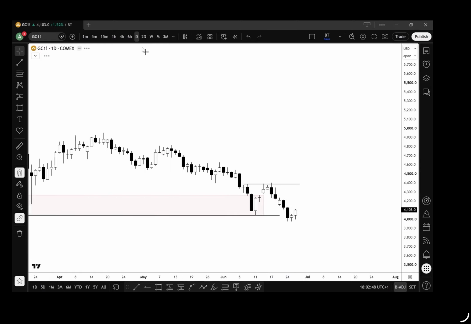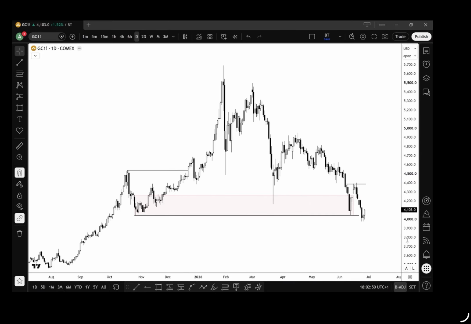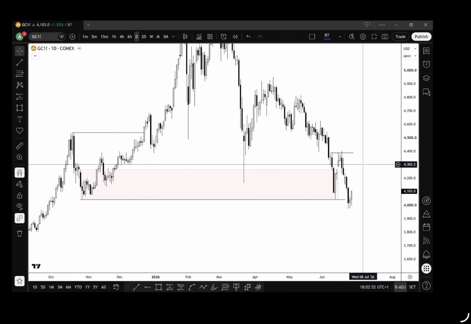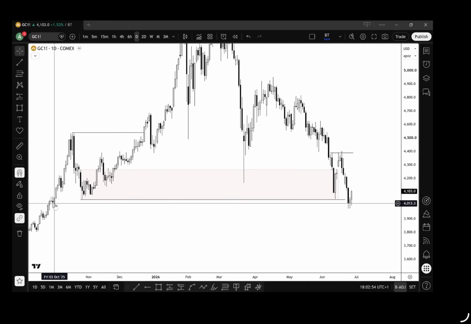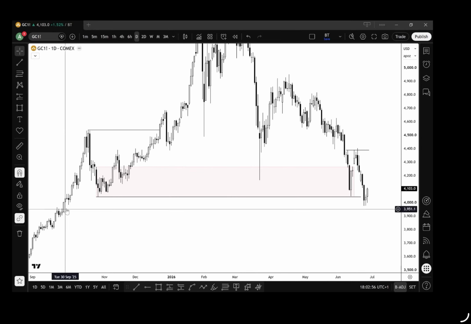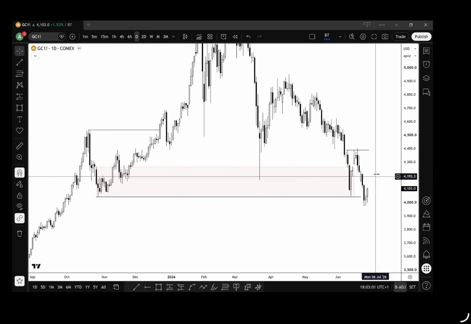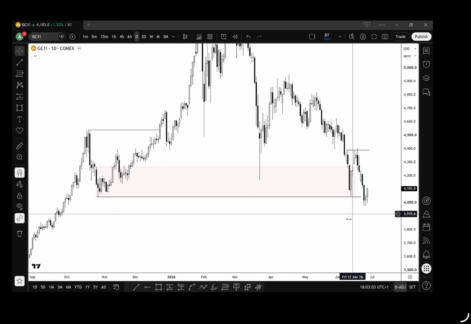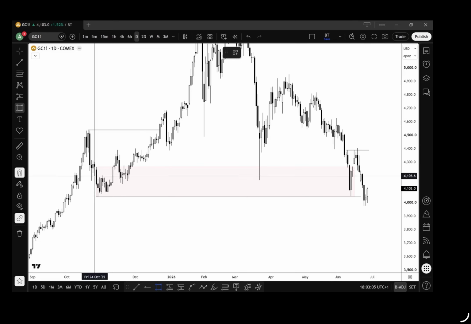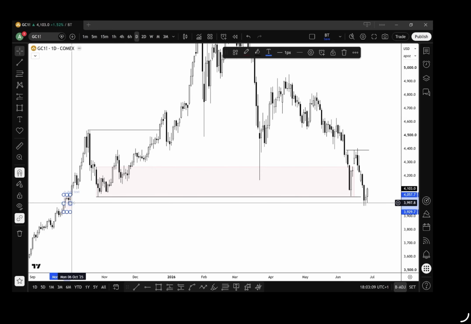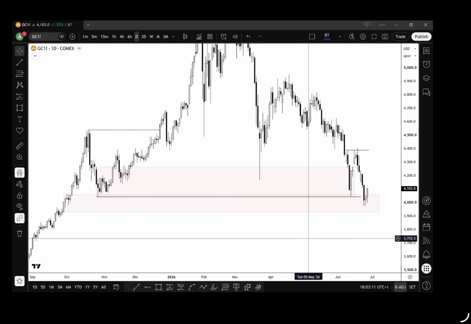Now if we break it down to the daily time frame, you can see how we have the lows to the left still intact. So we might see some bullish PA out of this, but in my eyes it just seems that we're respecting this area to the left hand side.